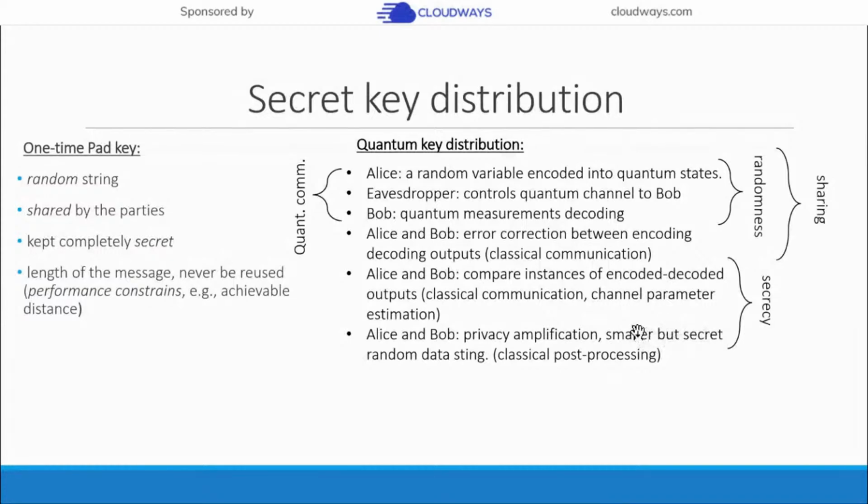So basically, these are the steps of the secret key distribution. And of course, afterwards, these secret random data strings are used as the keys for the previous scenario.